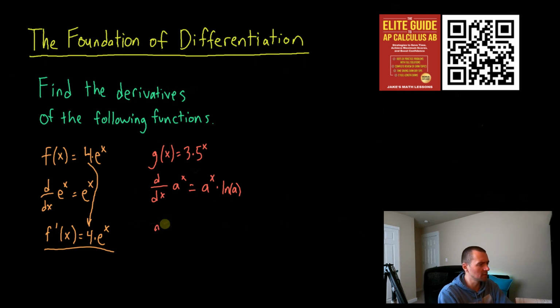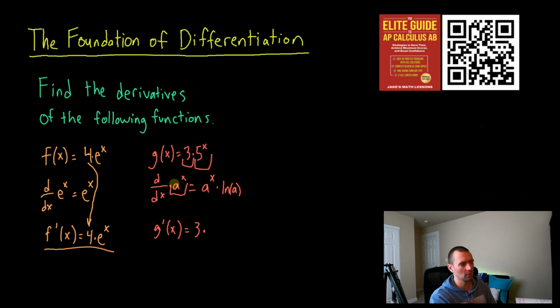To find the derivative here, g prime of x, we have this constant coefficient of 3 out front. We can just carry it straight through to our derivative. So we're going to have 3 times, and then for the 5 to the x component, we can just use this formula.